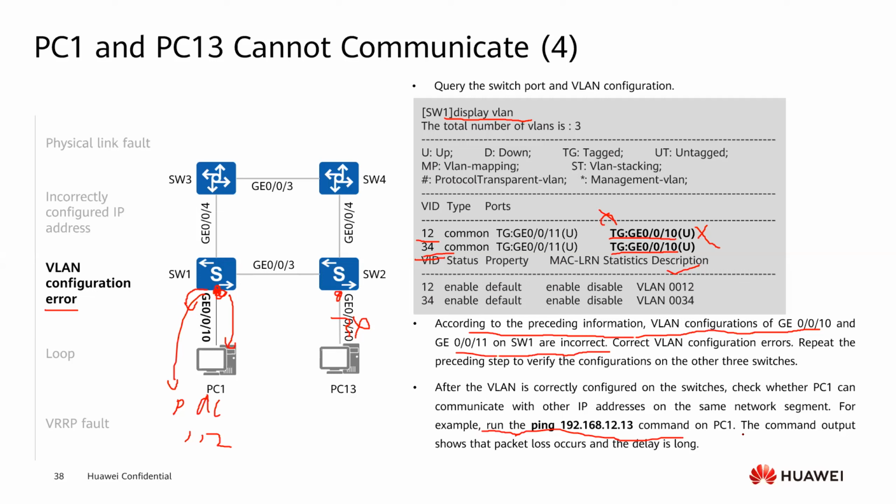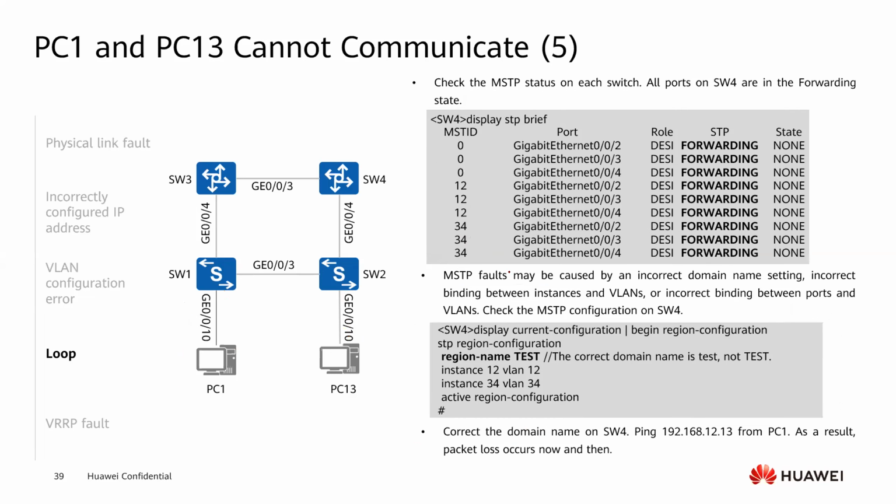We find a new phenomenon: the command output shows packet loss occurs and the delay is long. What will cause this problem? Then we check the MSTP status on each switch. We display stp brief, then we see the MST ID.